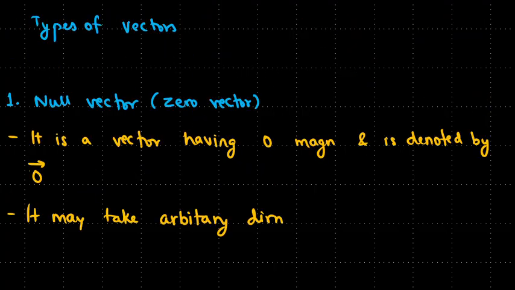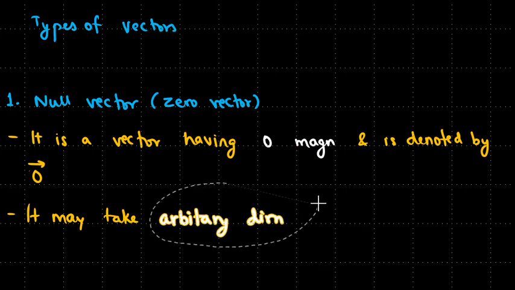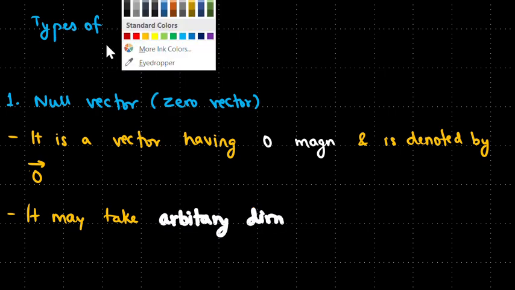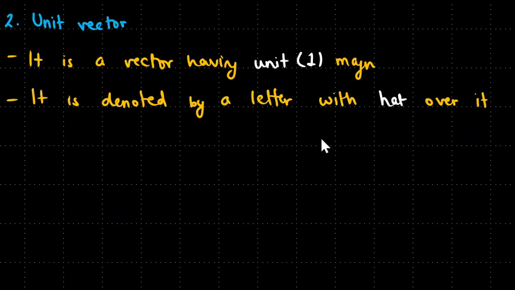Let's also make here that the null vector has 0 magnitude and arbitrary direction. Some important points. Now let's look at what the hat means.